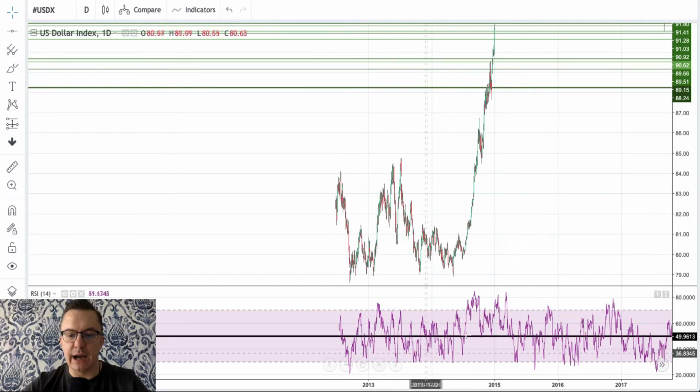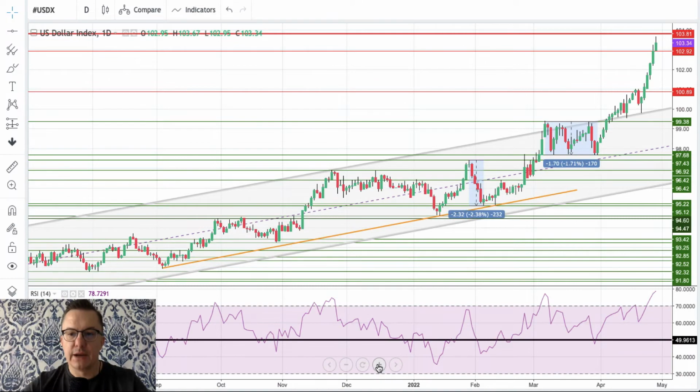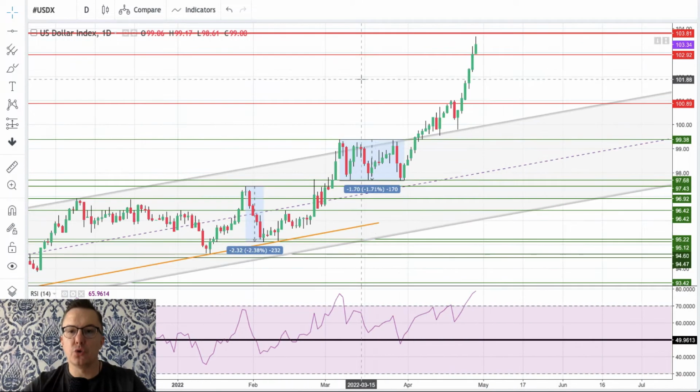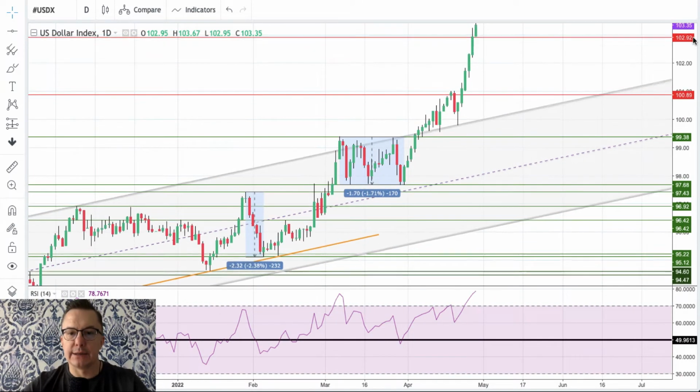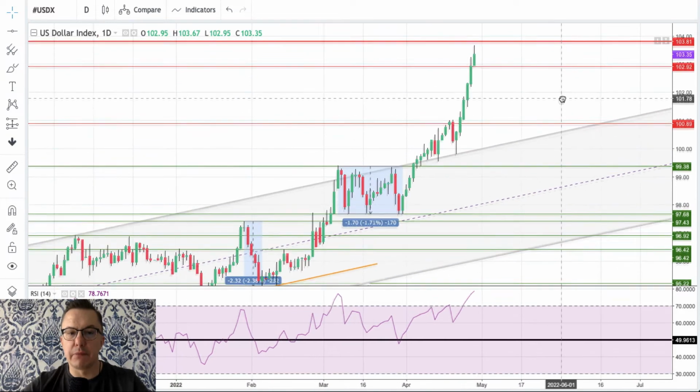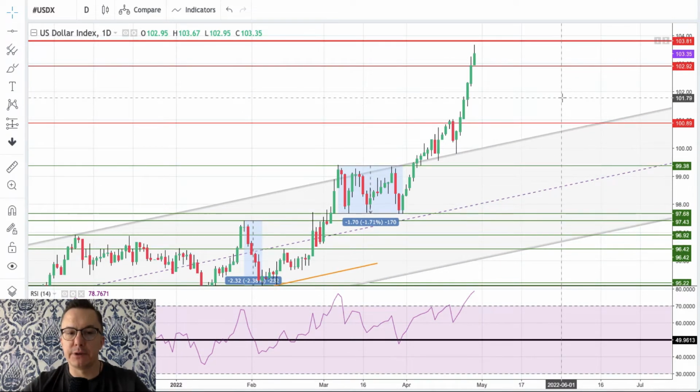So we have a very strong US dollar, and this strength might get a little bit of a pause, and this rally might be capped around this level.